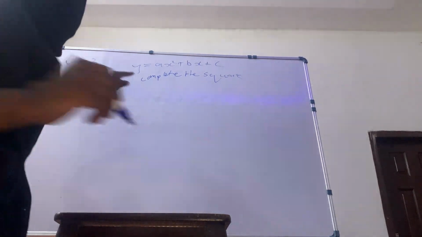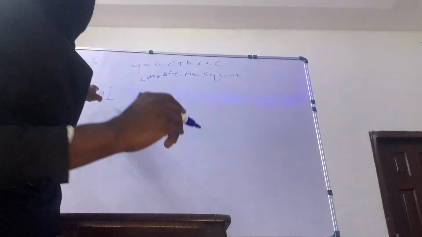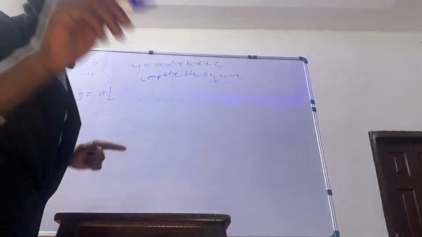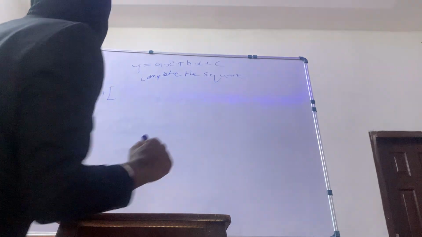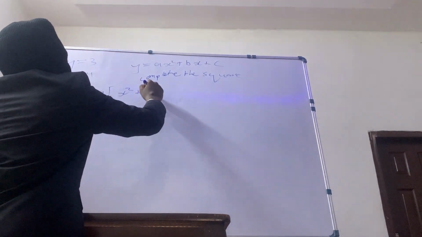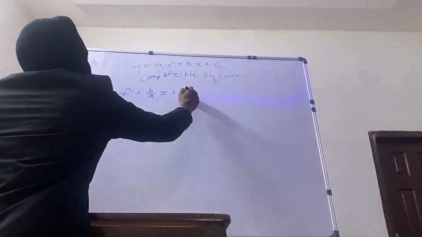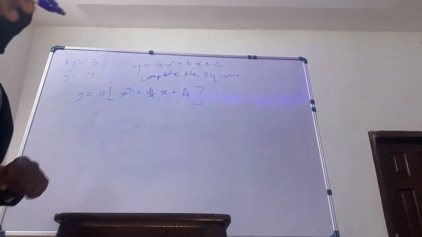After factoring out a, we open the square bracket. After factoring out, I am going to be left with x squared plus b upon a x plus c upon a, close square bracket.